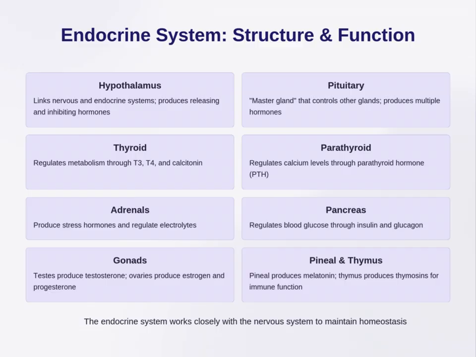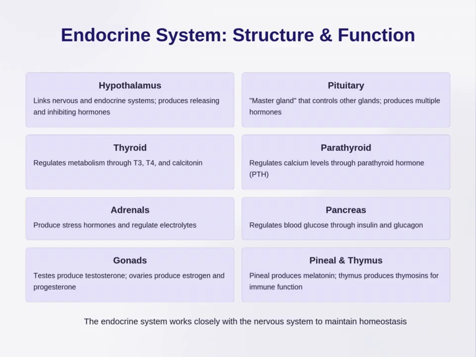All right, so some of the structure or anatomy of the endocrine system: the hypothalamus, which is in the brain, links your nervous system to your endocrine system by stimulating the release of hormones. The pituitary gland, which we call the master gland because it controls a lot of other glands. It produces 8 hormones total, which are vital for the function of some of these other glands producing hormones.